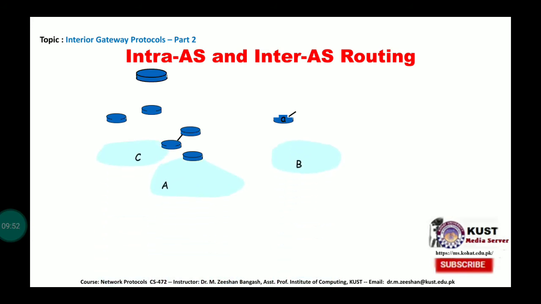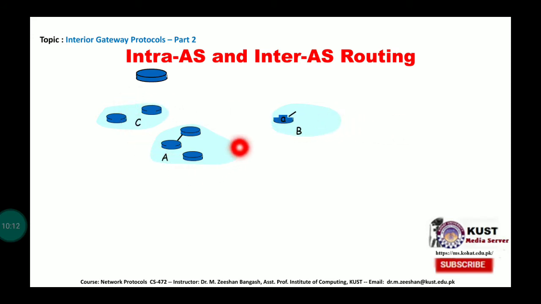Let's consider that we have divided these routers, based on functionality, into three different regions. We call them region A, region B, and region C.